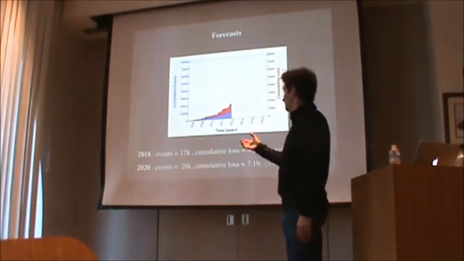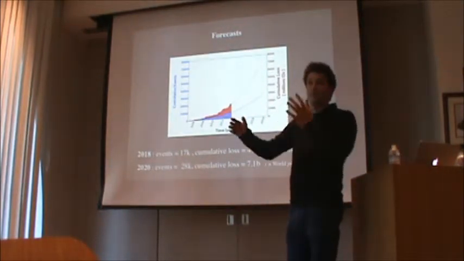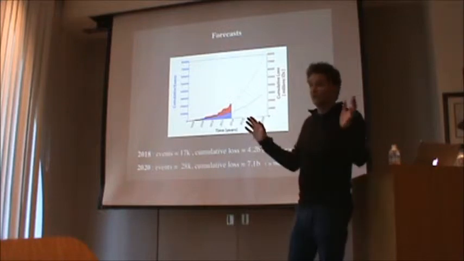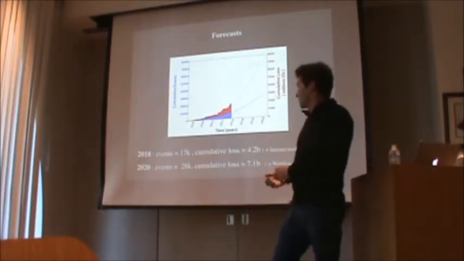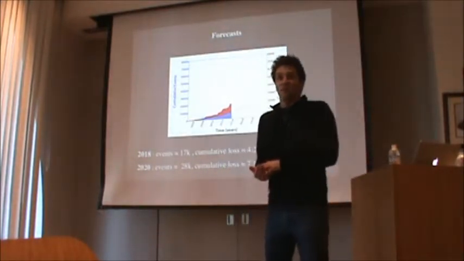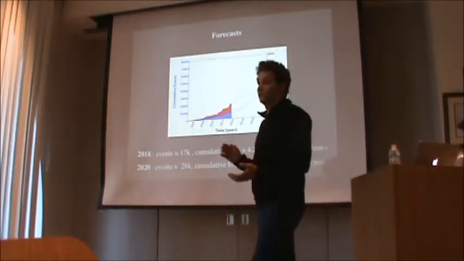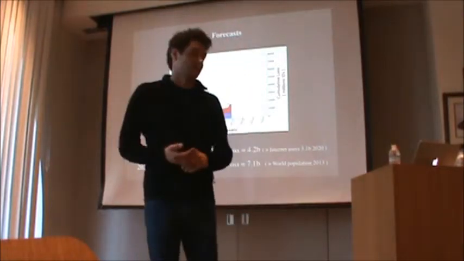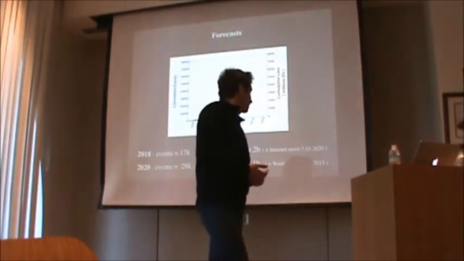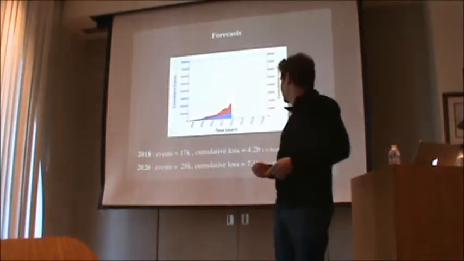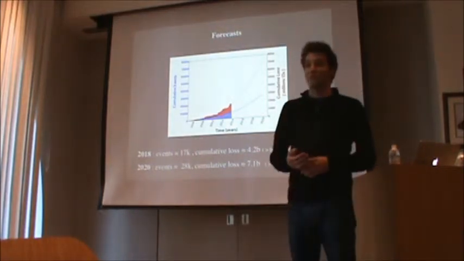Unless there's a major change of regime, we never know, by 2018 we'll have 70,000 events, accounting for 4.2 billion of ID loss, which is more than the number of internet users by 2020.